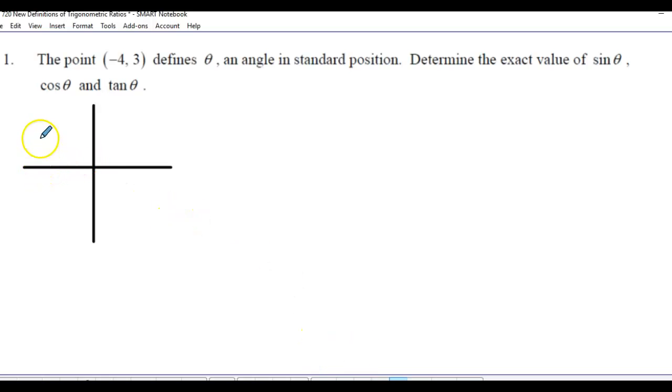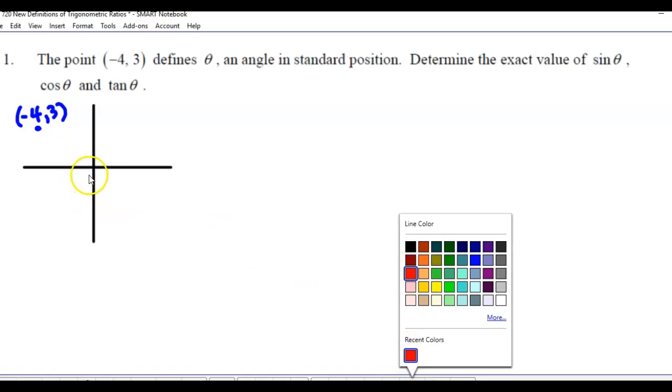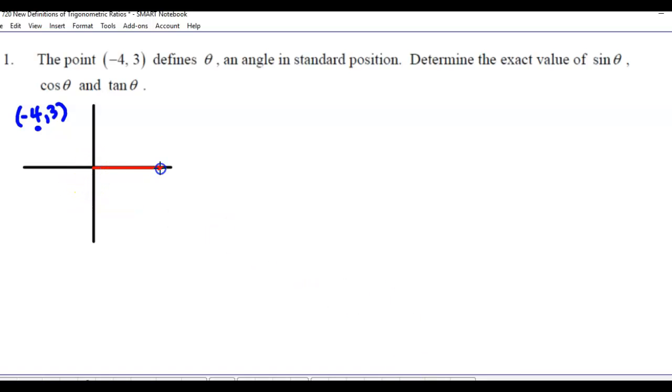So just estimate -4,3, something like that. Okay, that's going to be on the terminal arm. So if we graph, there's our initial arm, there's our terminal arm, okay, so that point is on it. So theta is this angle from here to here.